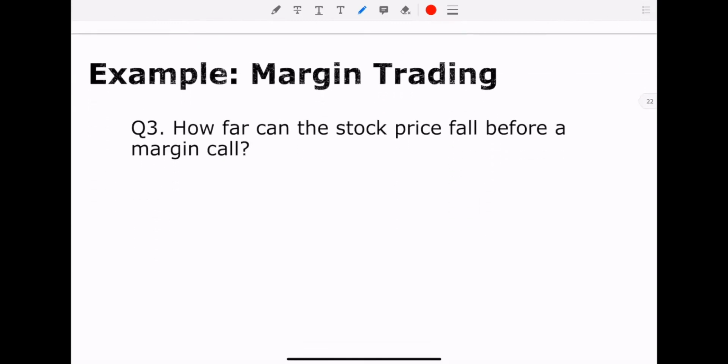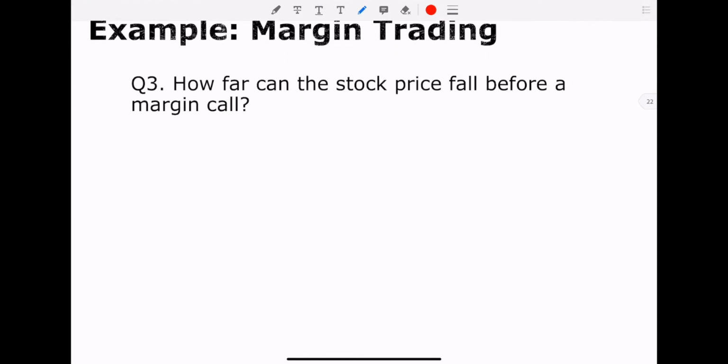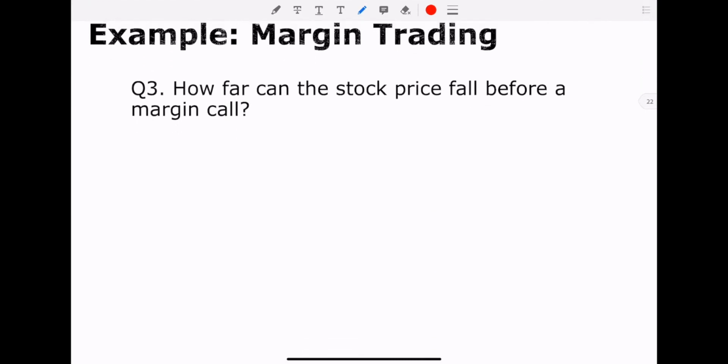Okay, next, let's see question 3. How far can the stock price fall before a margin call? Again, let's stick to the balance sheet approach because it really gives you a very clear idea of how to calculate margin.